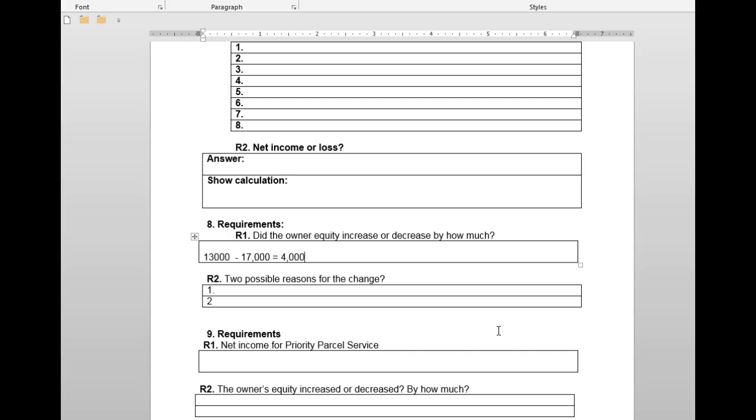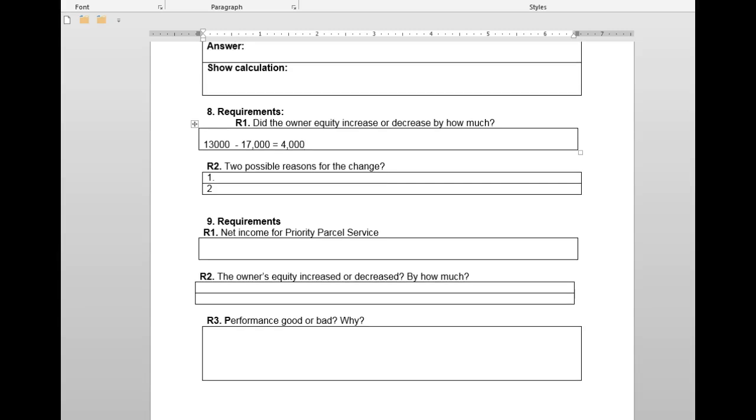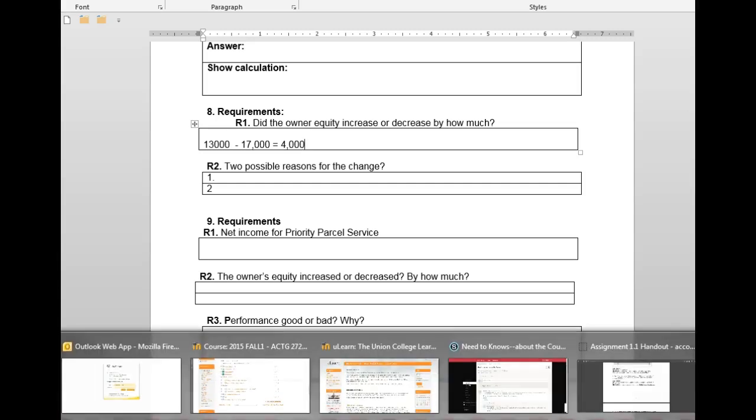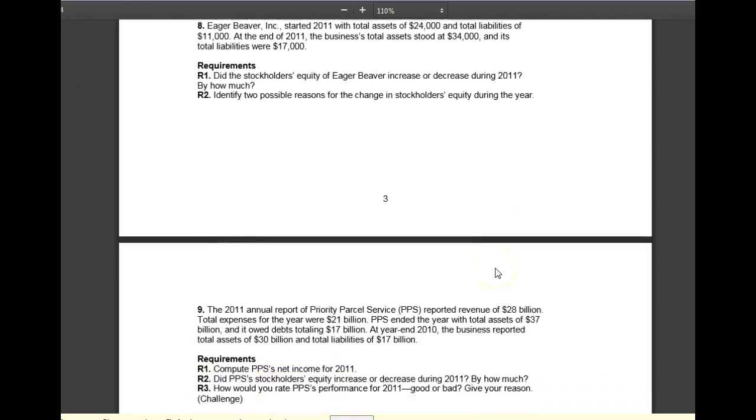9 is going to give you the same thing. Let's go back to it, because it gets very confusing if you don't see it and you just hear me talk about it.